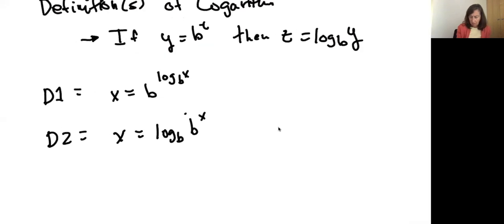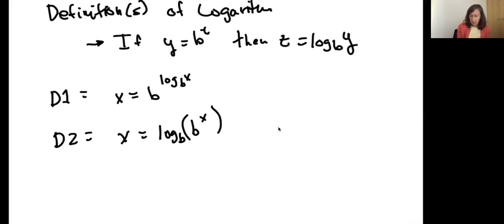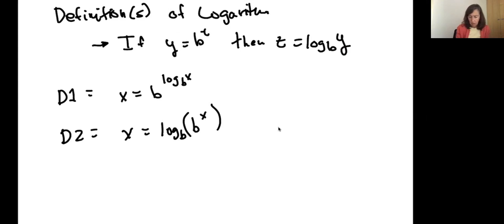And let me maybe put some parentheses here to make sure that everything's clear of what's being implied here. So in this first D1, we're saying that we're raising b to the power log b x. In D2, we're saying we're taking the base b log of b to the x.